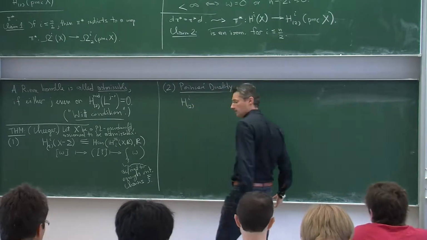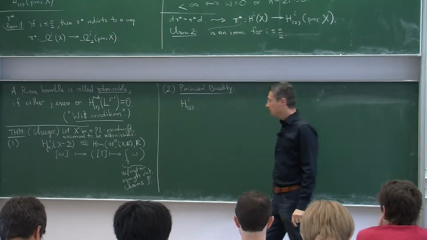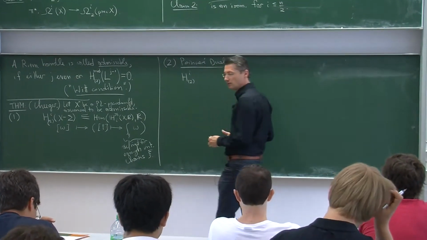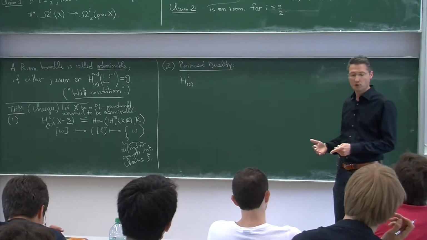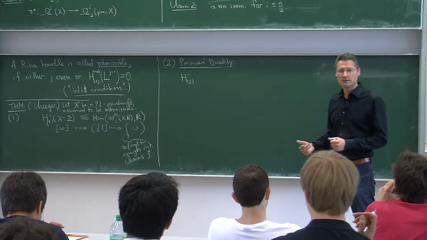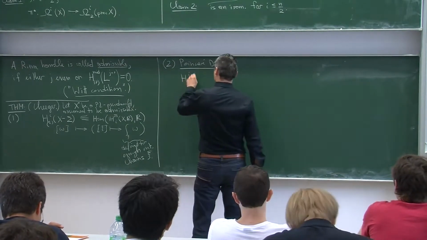I mentioned this at the very beginning on Monday in my first lecture, that if you want to see Poincare duality in the de Rham picture, you take the wedge product of two forms and you integrate, and you do exactly the same thing here.